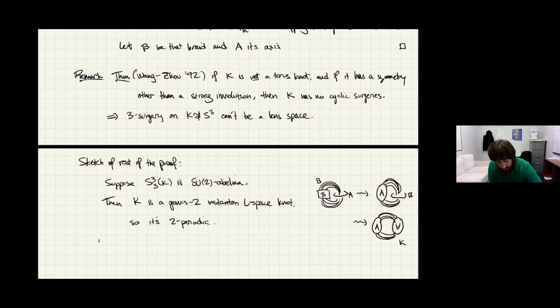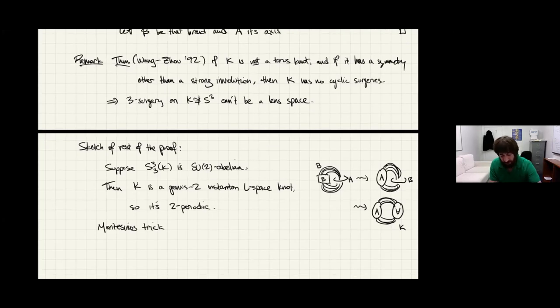And now we apply, well, I've heard many things called the Montesinos trick. As far as I know, this is an example of it. The point is that there's the symmetry of the complement of K, and if you do Dehn surgery on K, you can often fill it and extend the involution of its complement across the surgery solid torus.